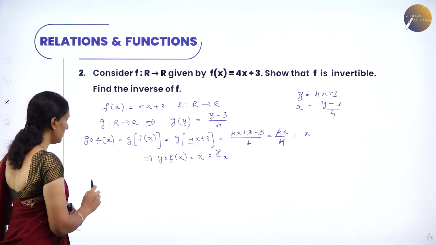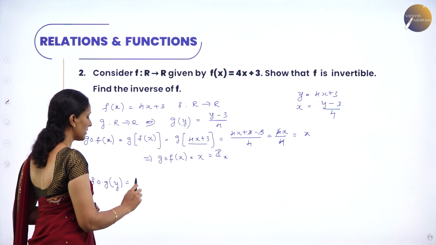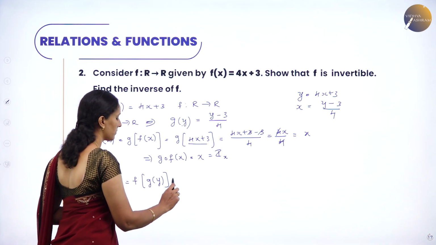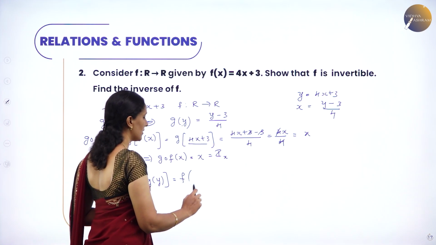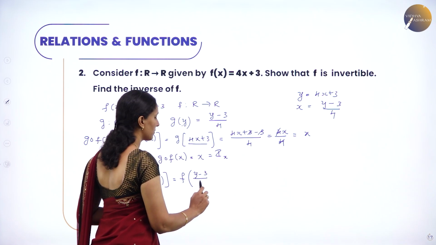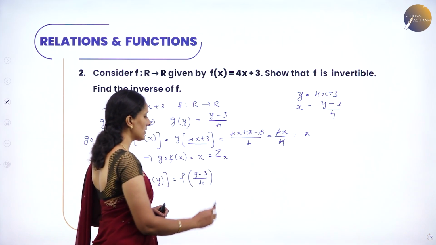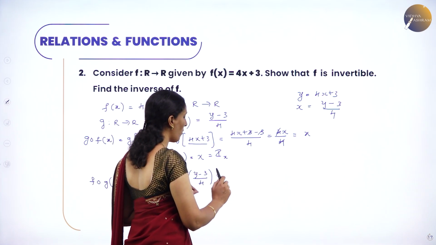Now let us consider f naught g of y. This can be written as f of g of y. So what is g of y here? g of y is y minus 3 by 4. So if we have f of x, then it is written in the form of 4x plus 3.